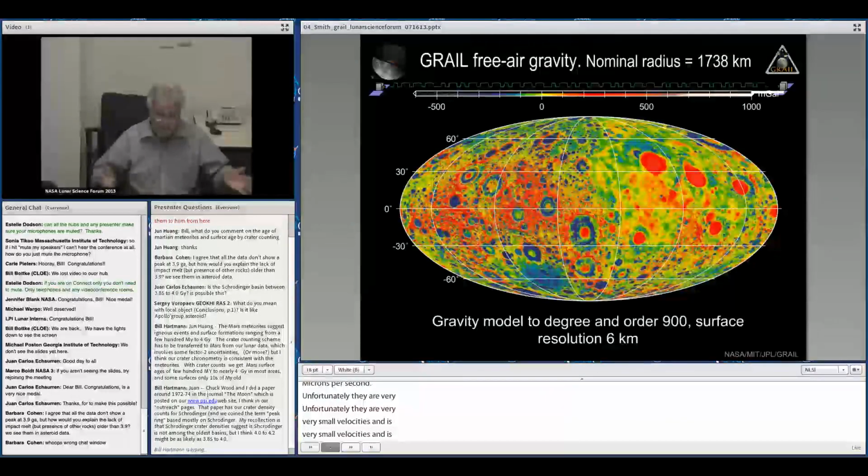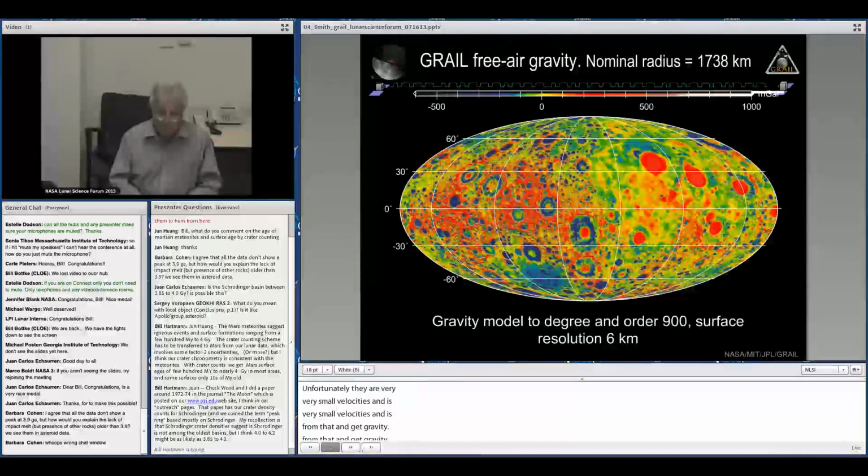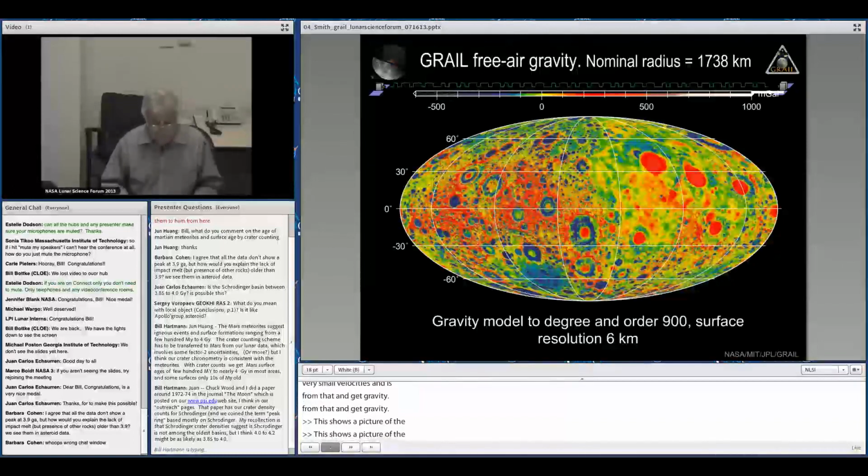Okay, so this chart just shows a picture of the gravity field of the moon out to degree and order 900. This is where we are right now. 2 groups, Goddard and JPL, are actively analyzing these data to get to the maximum resolution we can get on the surface in global spherical harmonics. And right now that's degree and order 900.